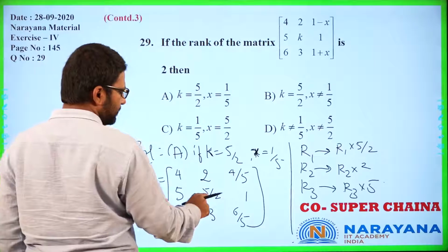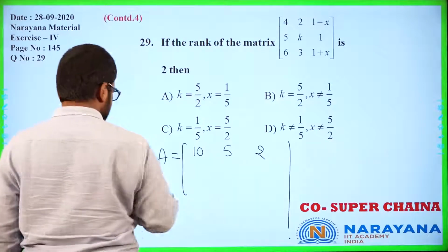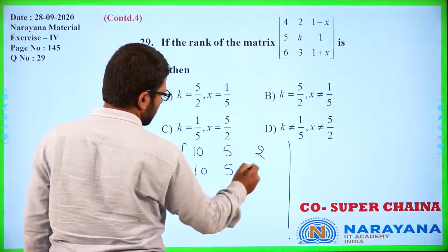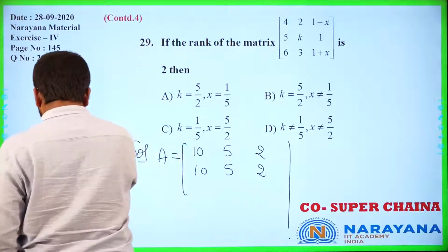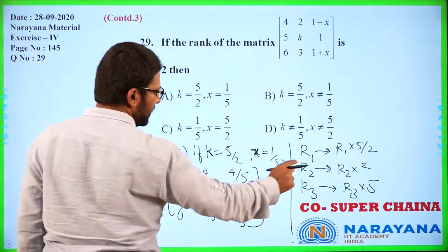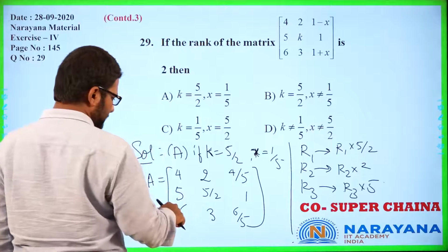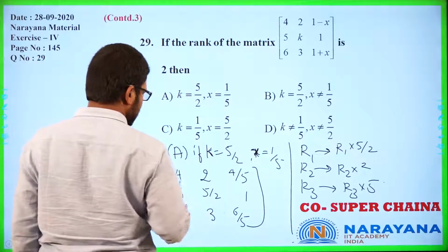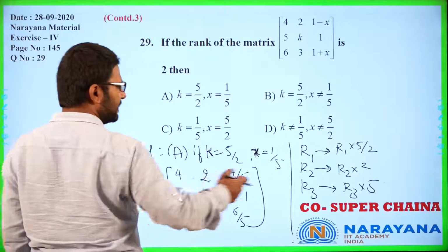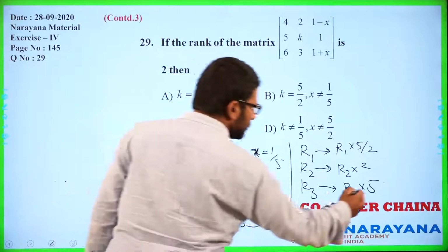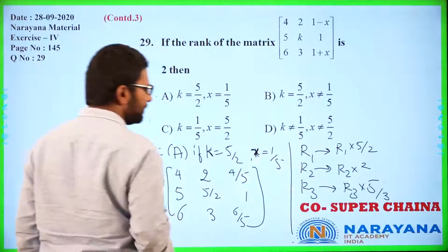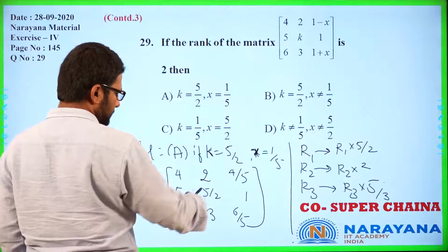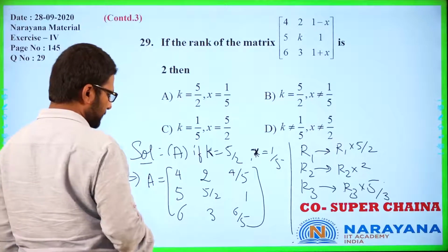So 10, 5, 2. Right? Can you see some interesting things are happening? R3 into 5. So 30, 15 and 6. In fact, we could have taken a 3 also outside. So 5 by 3. Right? Because then it simplifies further.